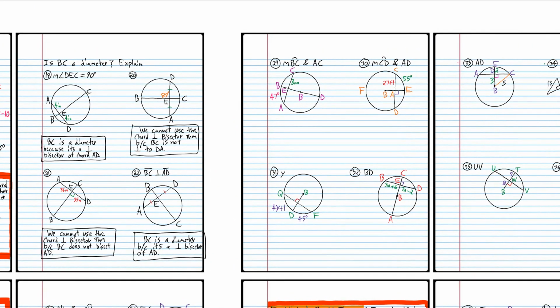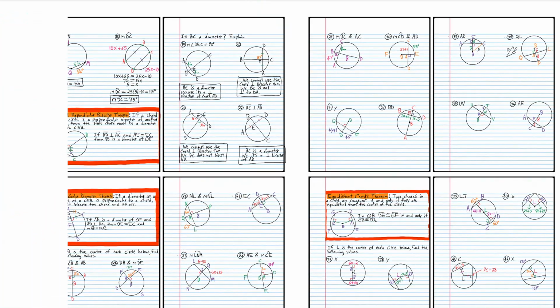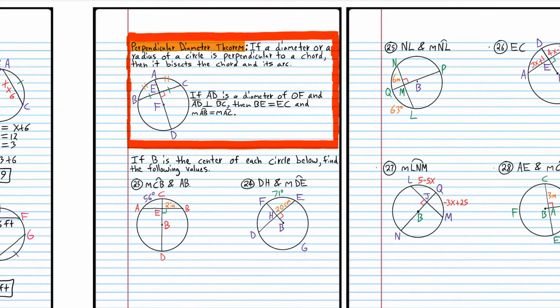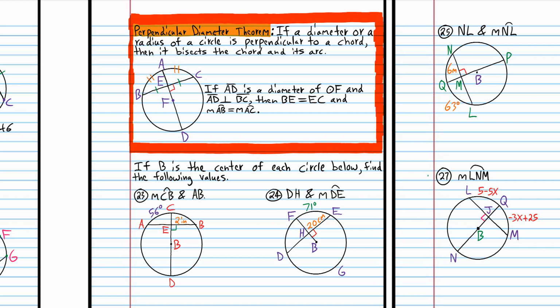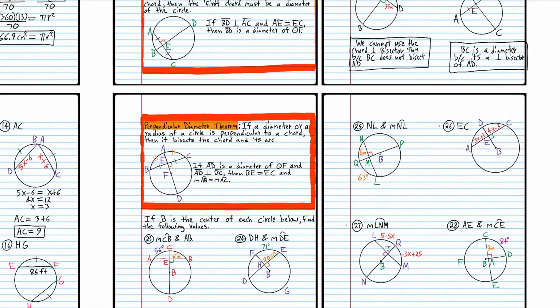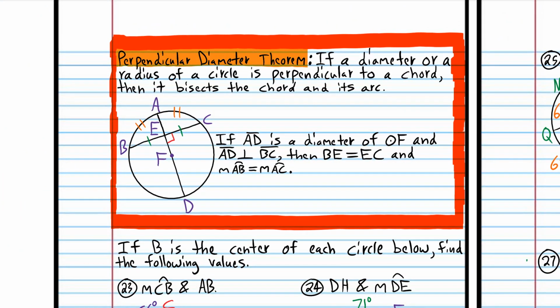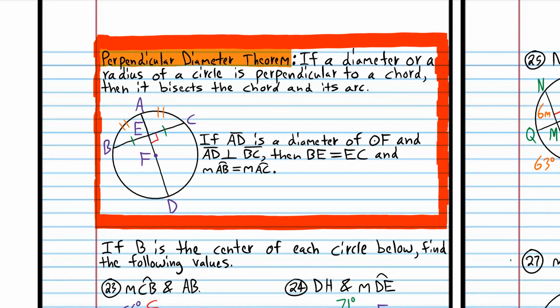All right, on to number 23 here. We're going to learn a new theorem. This theorem is kind of the opposite, not exactly the converse, but pretty much the opposite of the previous theorem that we learned. This theorem says if a diameter or a radius of a circle is perpendicular to a chord, so if we know this is a diameter, in the previous problems we didn't know it was a diameter.